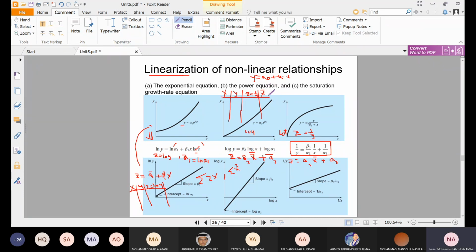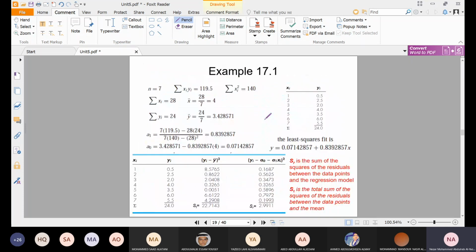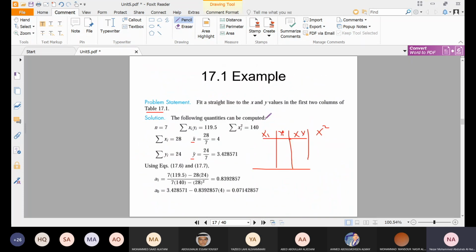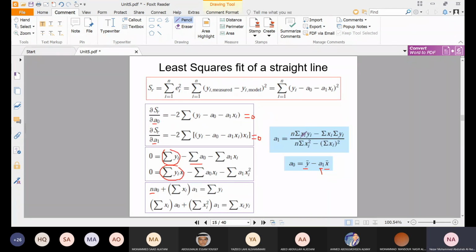After that, I will solve my problem in terms of z and x bar, not in terms of x and y, using the formula that we have. Instead of x, I will have x bar, and instead of y, I will have z. I will complete this to find alpha 1 and then alpha 0. From alpha 0, I can find 1 over alpha 3, and after that I can find beta 3.